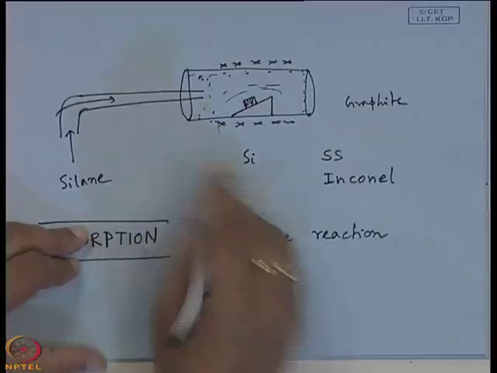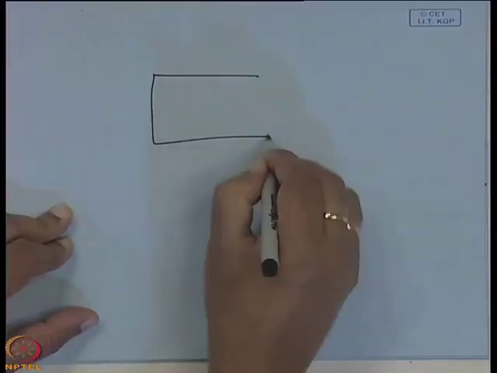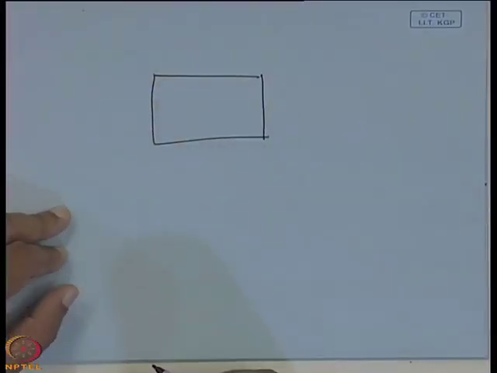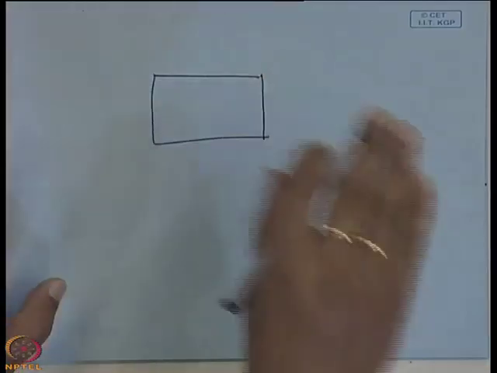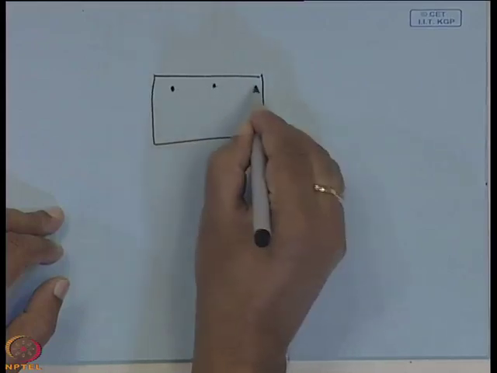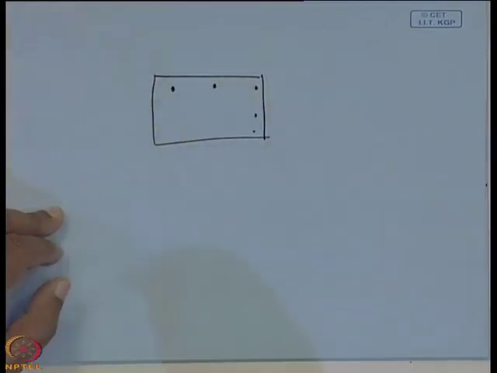So, if this is your substrate, say, on which the silicon will have to be grown, first there will be adsorption on the substrate surface. Then at that temperature some reaction will take place, and in some parts there will be some solid material that will be formed on the surface of the substrate.